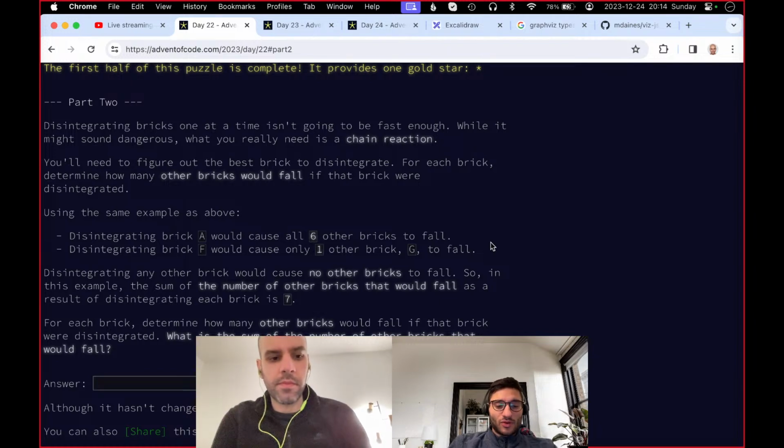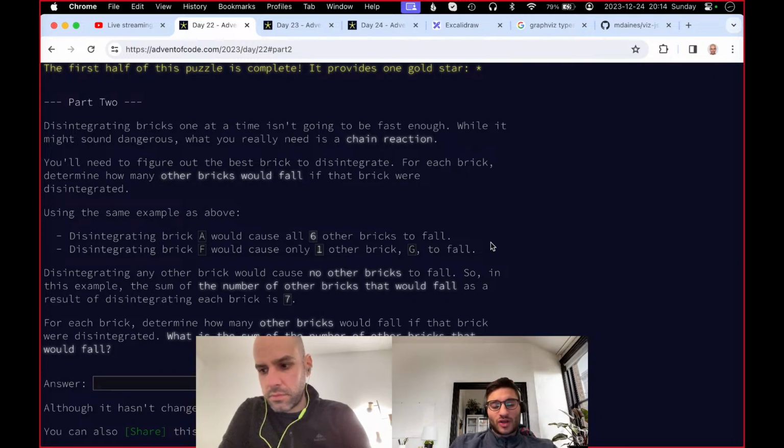Well, high level, I would go through each brick to disintegrate, then calculate the resulting number of bricks that would fall, and then add them all up. Now, how would I calculate the number of other bricks that would fall? I have the ones which are supporting, so I would check what it is now pointing to.